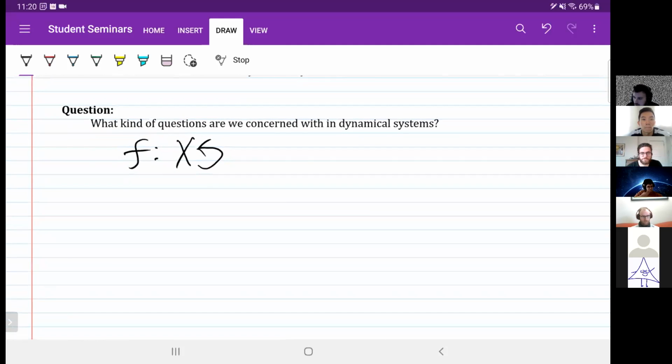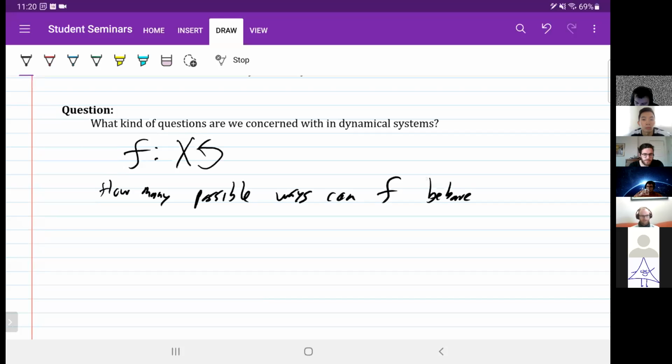And what I would like to know is how many possible ways F can behave or act on this space.